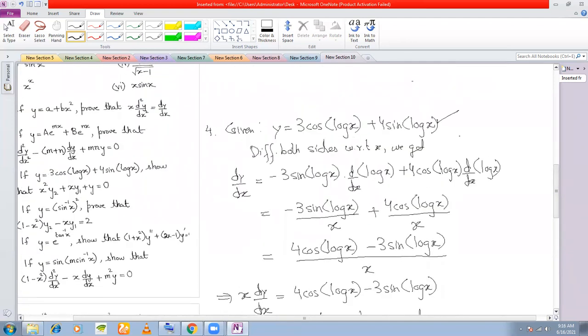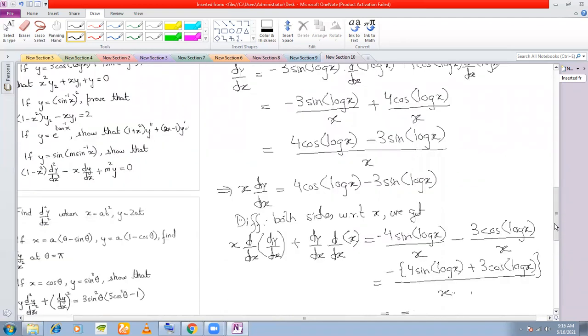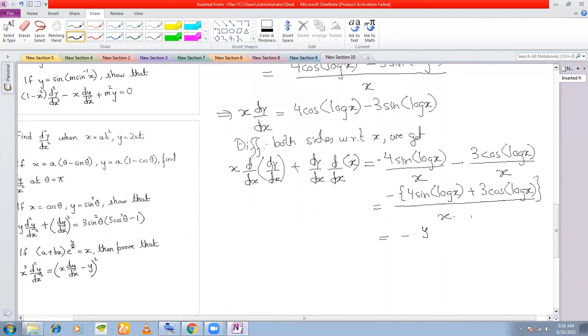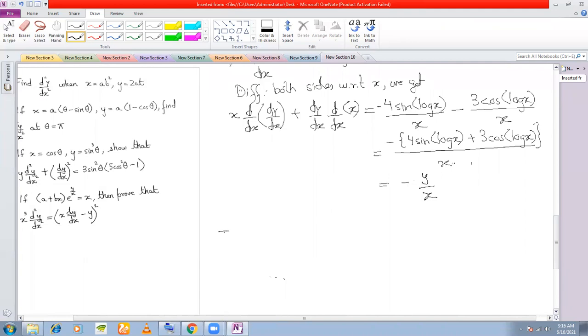We are getting back y here in the second derivative, right? So here you get minus y by x. So that means here you're getting x d2y/dx2 plus dy/dx is equal to minus y by x.